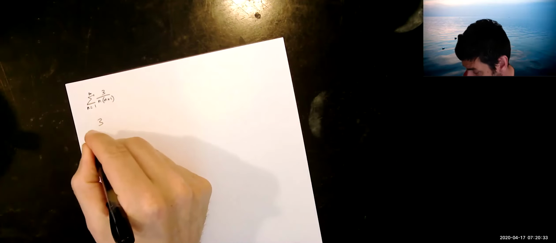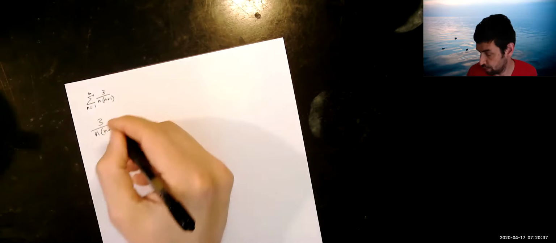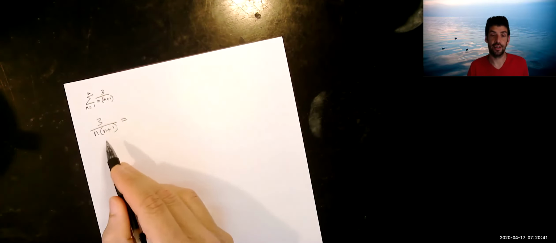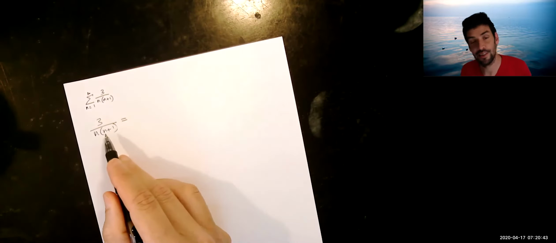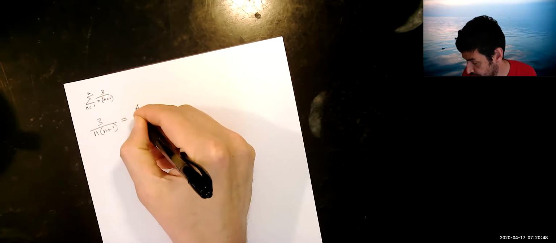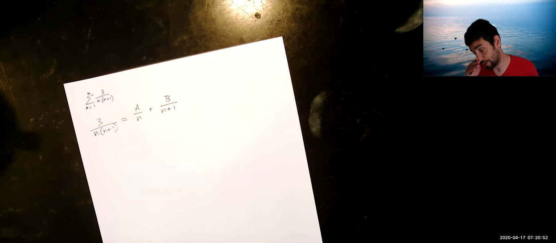This expression for the terms, you might remember that you've worked out in previous classes how to separate these into two fractions using the method of partial fractions. This method still works. There's nothing wrong with it algebraically.